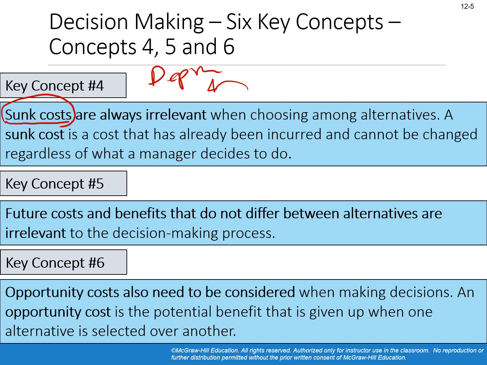Future costs and benefits that do not differ between alternatives are irrelevant to the decision-making process. So in some cases, you have future costs and benefits between options A and B that are the same in the future. So this is irrelevant.